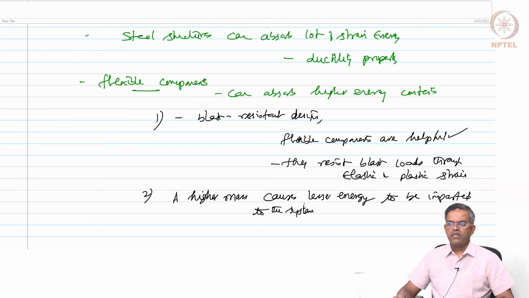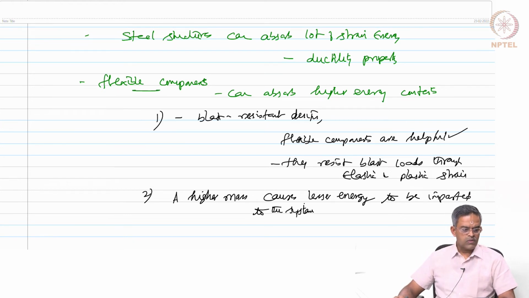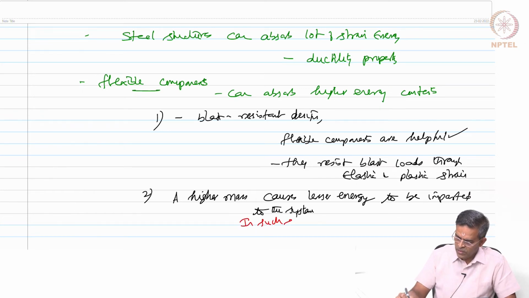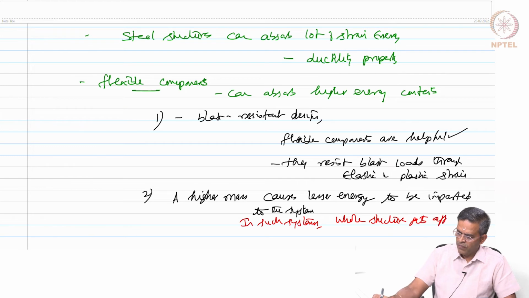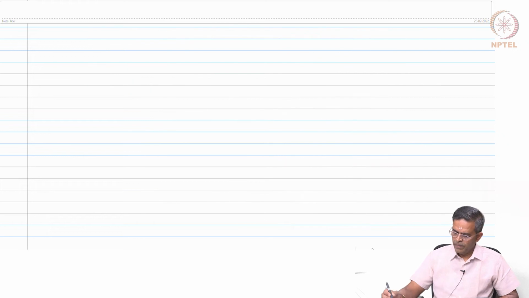In case of larger explosions, the structure as a whole becomes affected by the blast waves. So, in such systems, the whole structure gets affected by the blast waves. Okay?